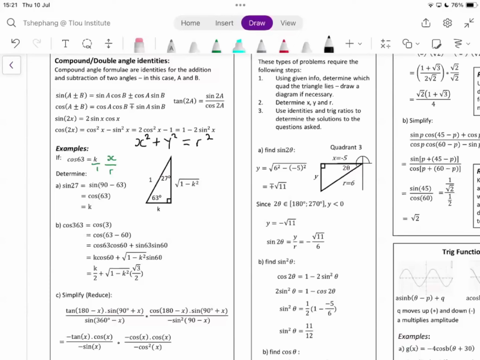Now substitute what you have. You have x, which is k squared. You don't know what y is, but you do know what r is. It's 1 that needs to be squared. And then you simply solve for what? You simply solve for y. If you try to solve for y there, you're going to get y squared is equal to 1 minus k squared.